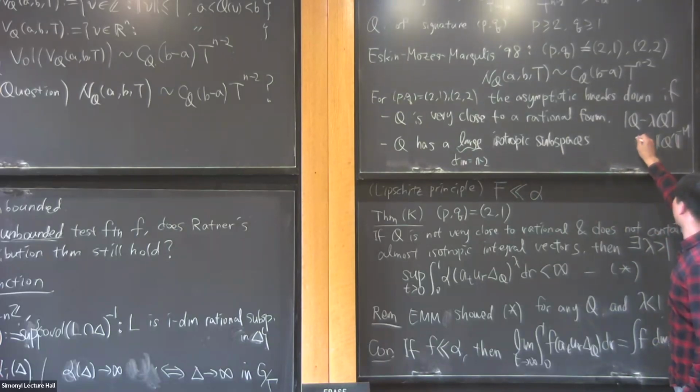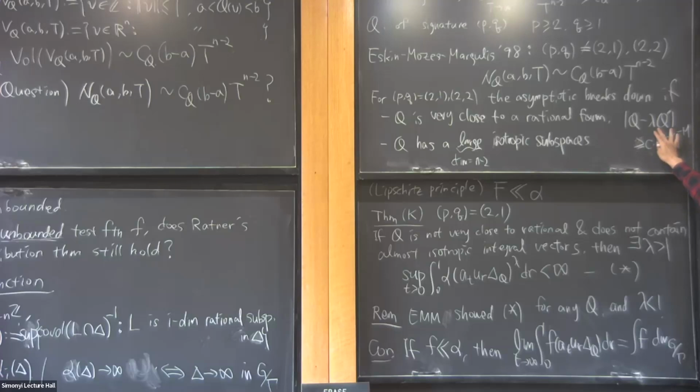In this sense, there exists a constant C and capital M such that for any integral quadratic form Q prime, and of course up to some scaling, Q is not close to any integral Q prime. It's a metric Diophantine sense.